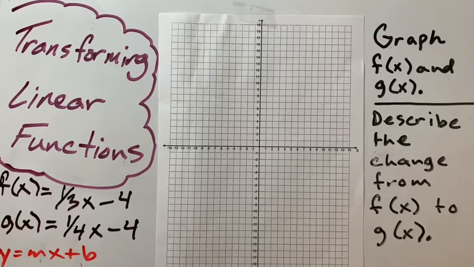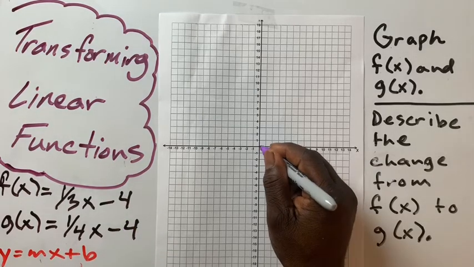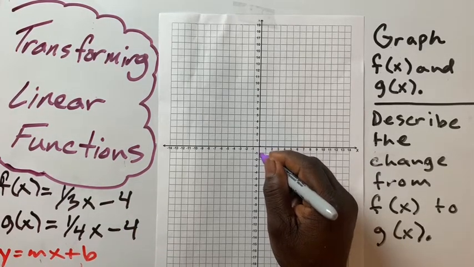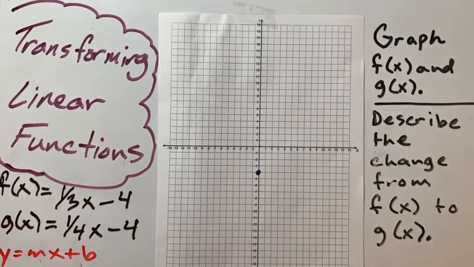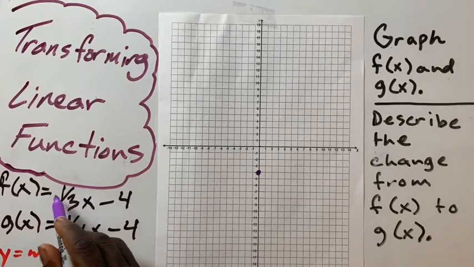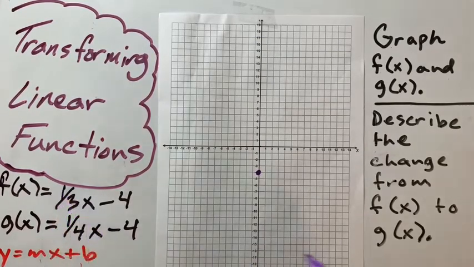Okay? All right. Let's start with the first one, f of x equals 1/3 x minus 4. Well, we see the y-intercept is -4, so we start here from the origin, go down 1, 2, 3, 4. And then our slope is rise over run, rise 1 and run +3.